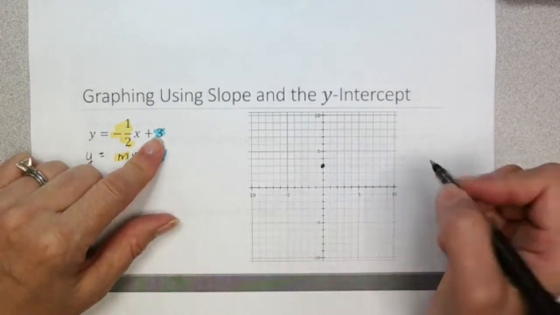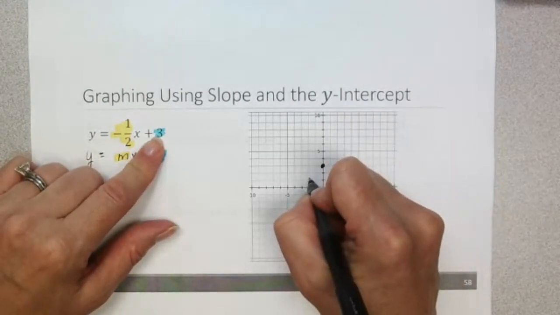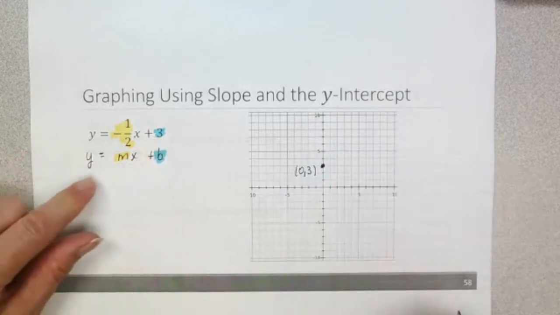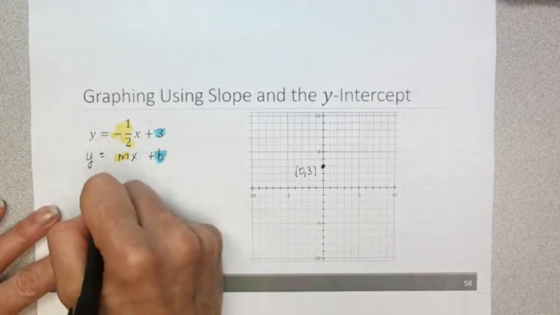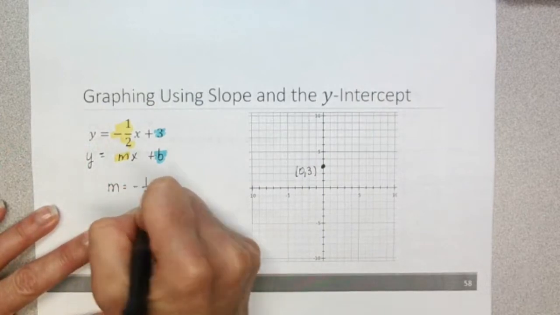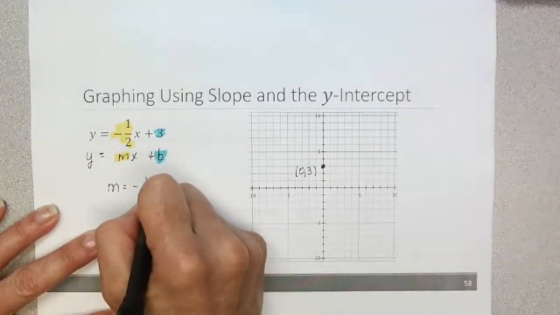So I can plot that point and start with that. Of course, the coordinates of that point are 0, 3. And I can use this slope in a rise over run form to count out and find the second point, right? So m is -1/2.